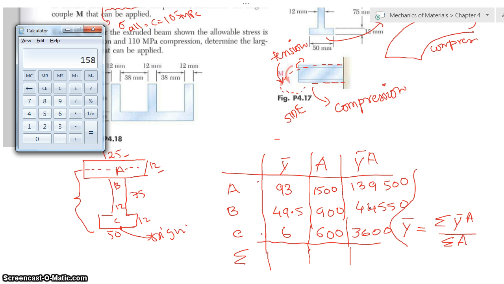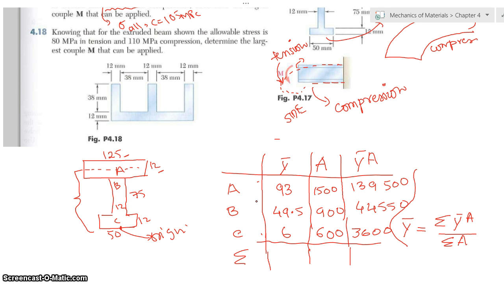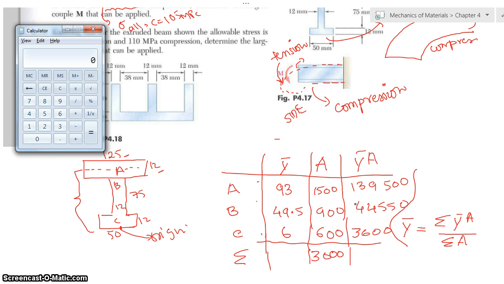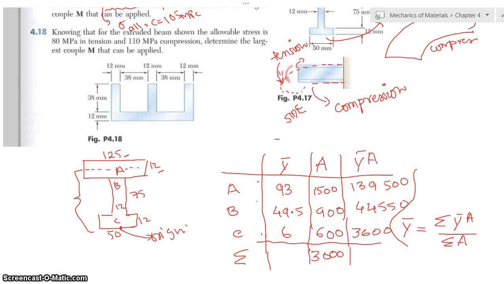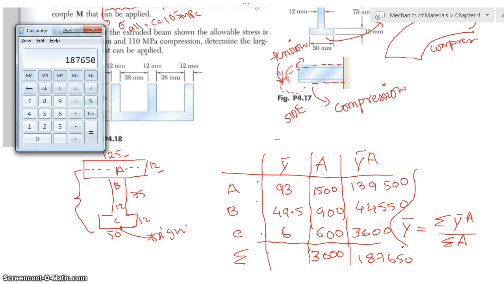So I have 1500 plus 900 plus 600, which is 3000, and 139,500 plus 44,550 plus 3,600, which is 187,650. Dividing by 3,000 gives me 62.55.